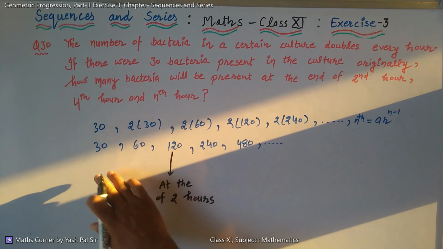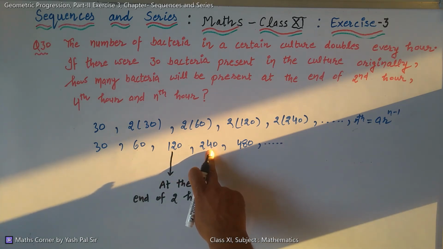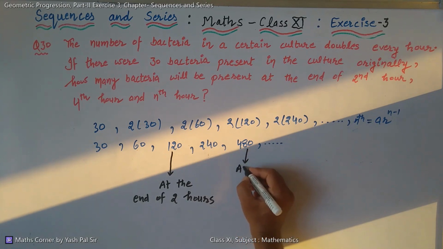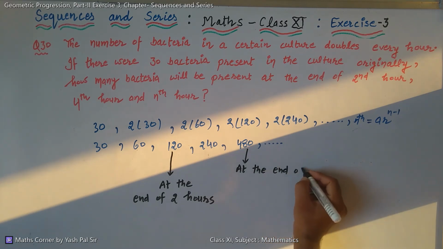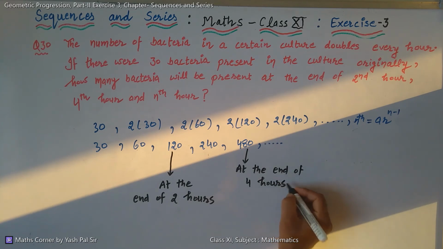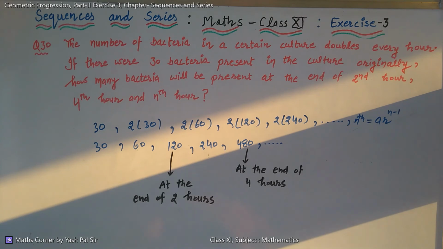Similarly, at the end of 3 hours, 240. At the end of 4 hours, how many bacteria will be there? 480.